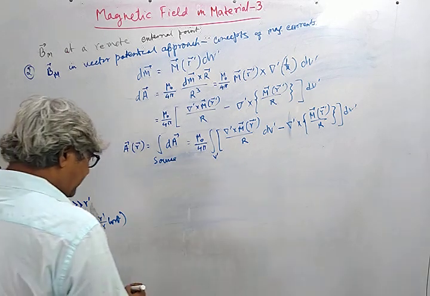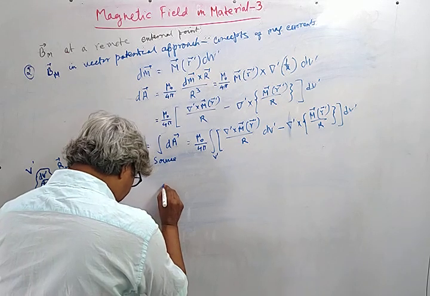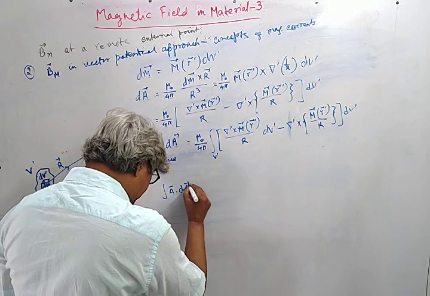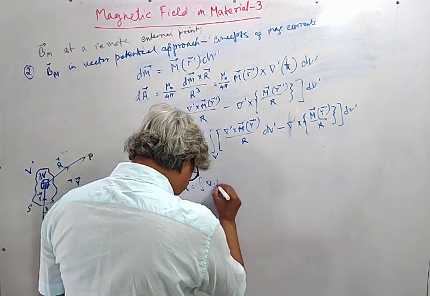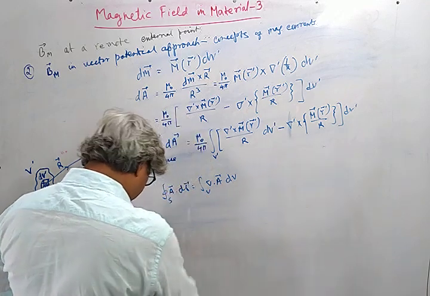We know the alternative form of Stokes theorem, the original divergence theorem, that the closed surface integral of A dot dS is equal to the volume integral of divergence A dV, over V, with S the closed surface.